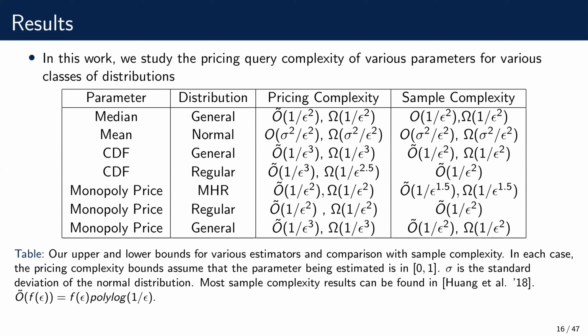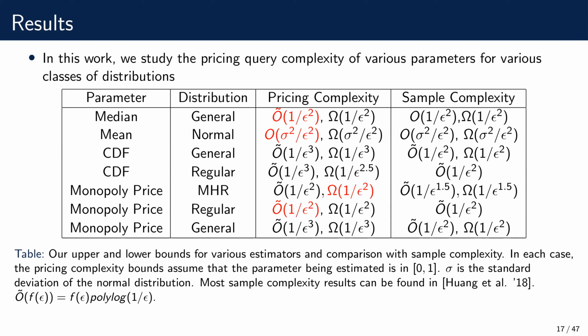And for problems like learning the distributions entirely, for some special distributions or general distributions, or learning the monopoly prices for MHR distributions, there is a strict gap between the pricing query complexity and the sample complexity due to the information loss.